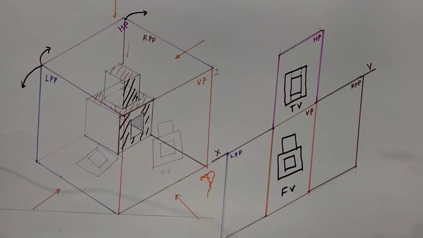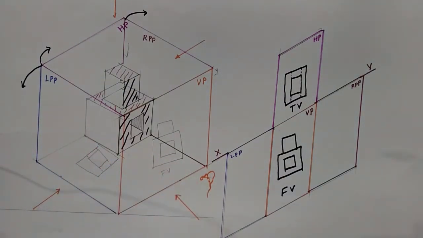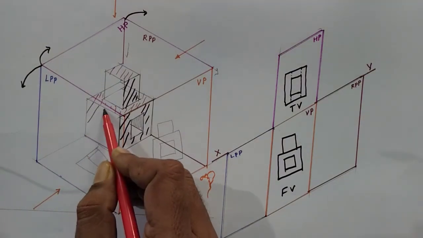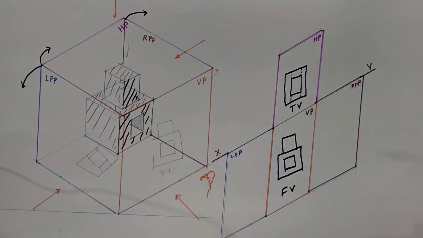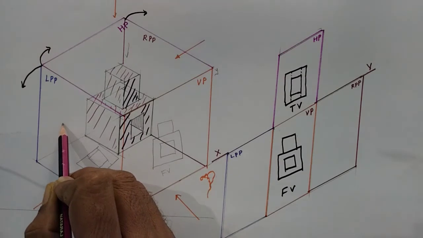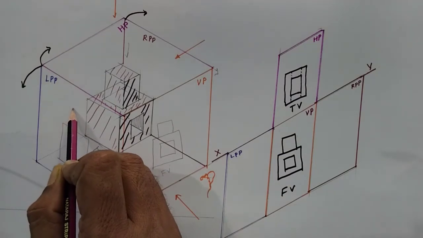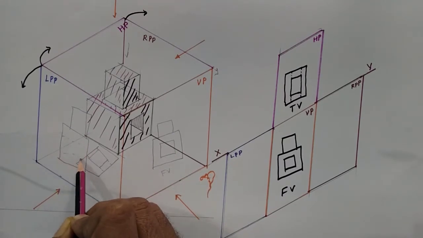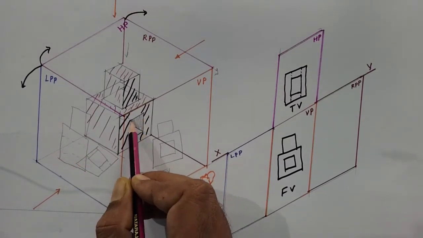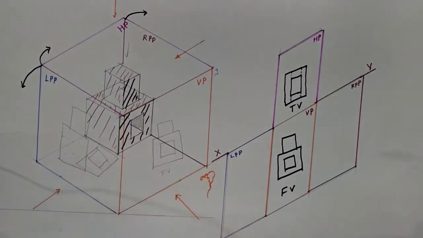Now we look at our left hand side view. So now I collect the projection. In the left hand side view, you can see this surface as well as this vertical surface. This entire square hole is not visible from the left hand side, so it is shown with a dotted line.